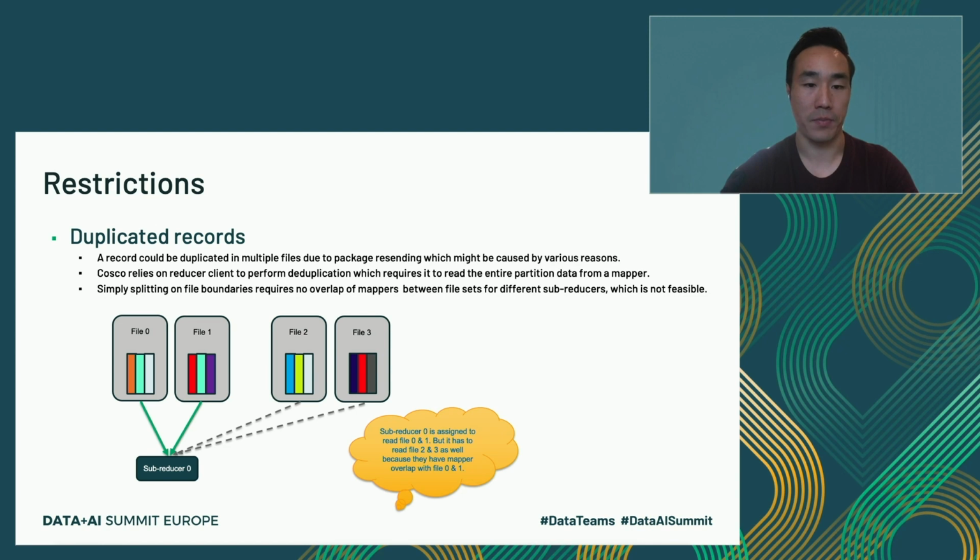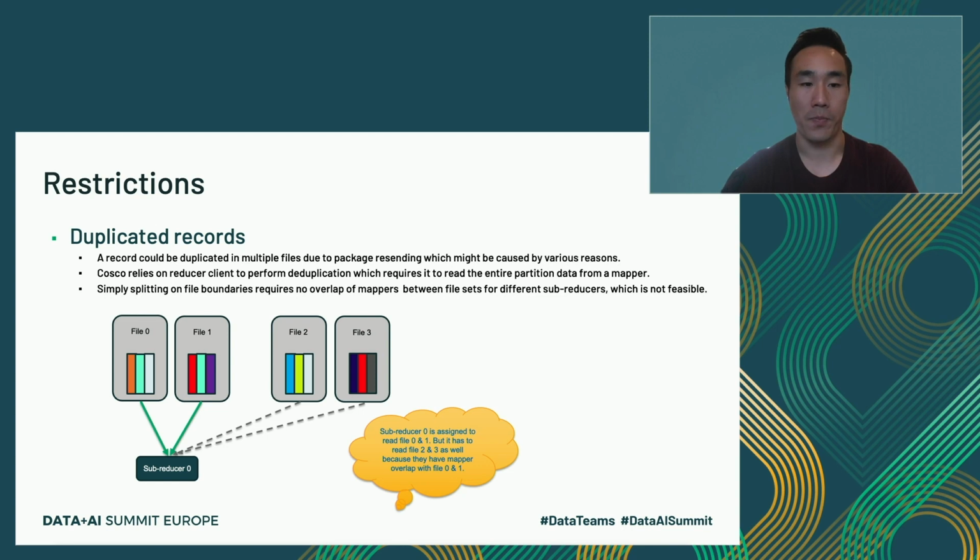But either of them requires each reducer to read all data generated by the mappers of that partition. Otherwise, if the output of a mapper for the partition is partially read by multiple reducers, none of the reducers would be able to tell if a row is duplicated in the data read by others. Because of this, the file set assigned to each subreducer has to have no mapper overlap with the others, which is just not feasible.